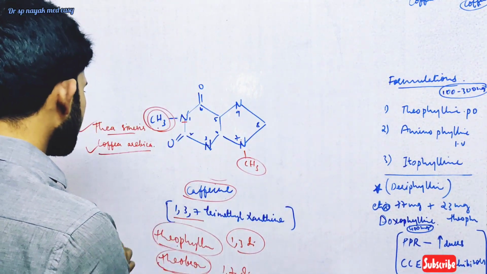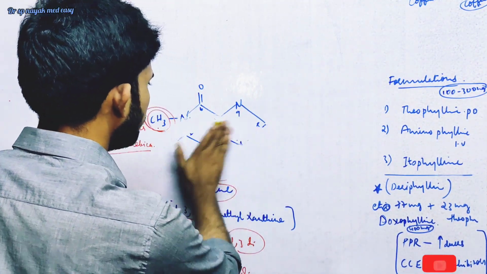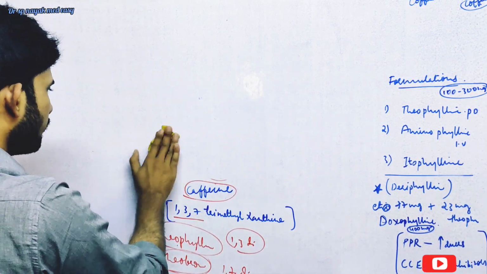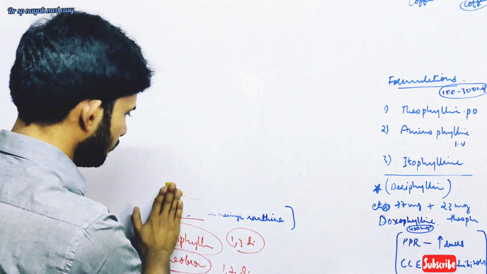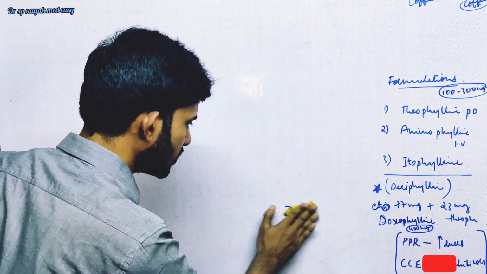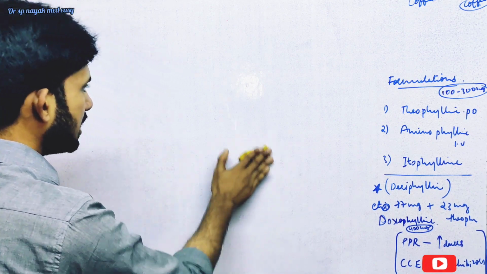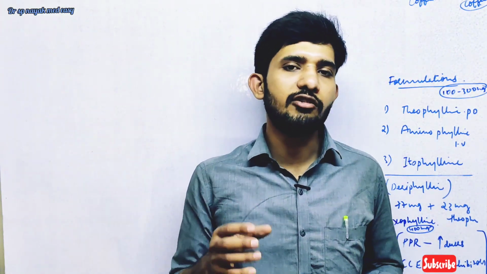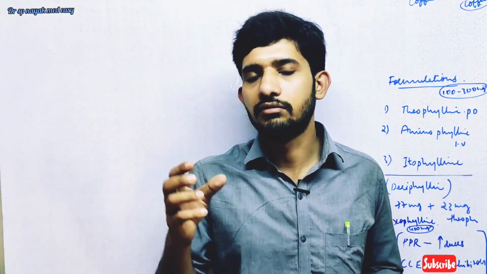Let us discuss the pharmacology of methylxanthines in detail now. First we'll go with the pharmacological actions of methylxanthines. Remember, methylxanthines are non-specific drugs. They don't have specific actions on specific systems.